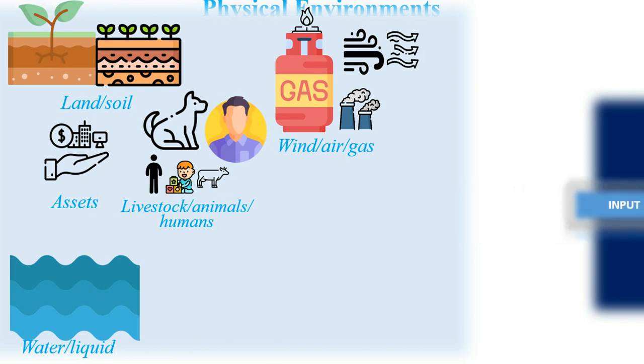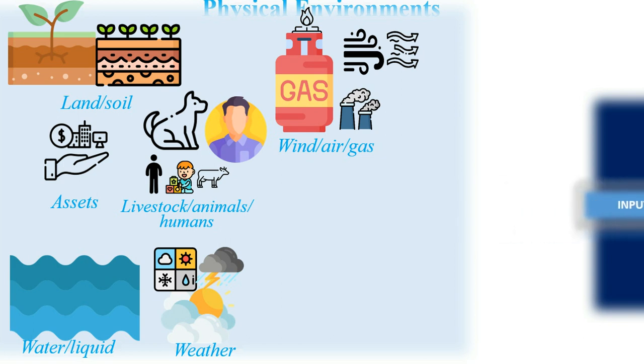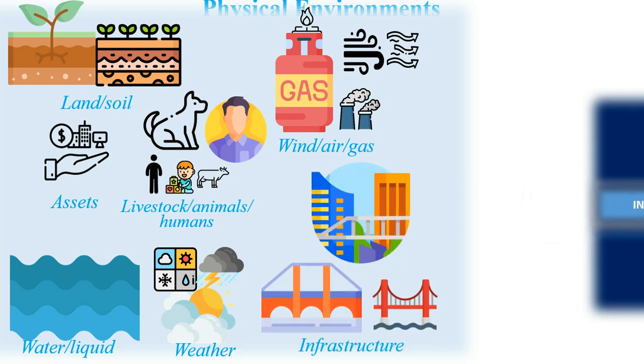And then from there we have another physical environment, which is weather. Here we are analyzing the cloud, the sun, the rain, and any other parameters that we may think of. Infrastructure, here we're talking about the bridges, the buildings, all these things, physical environments that need to be analyzed by engineers who are doing physical computing.